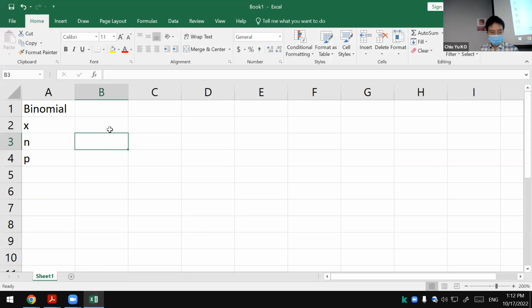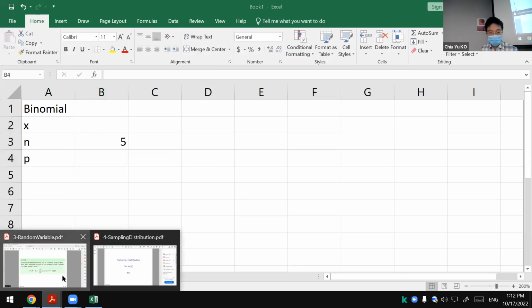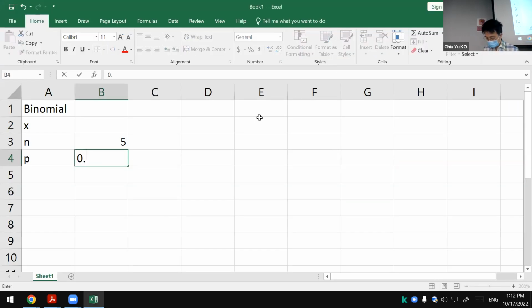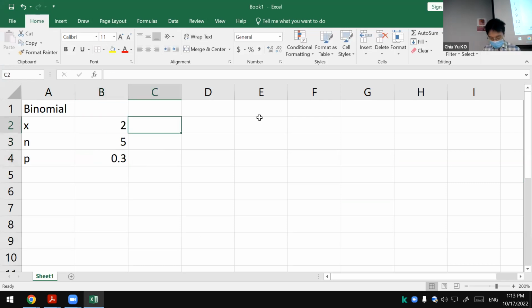So we have 5 customers, and each has a probability of 30%. The question is, if 2 of them like it, what's the probability? So you're asking for P of X here, which is P of 2. How can we work this out?